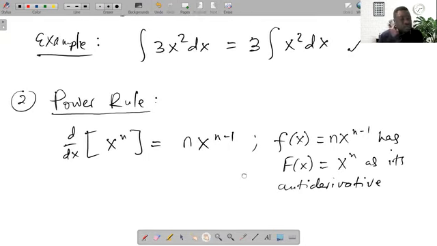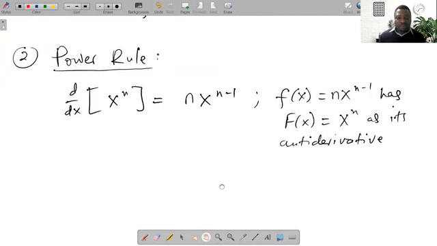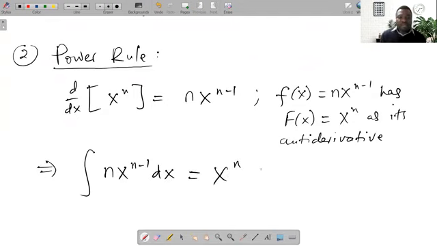And to avoid all these words, we can just put it in one integral and rewrite it as this. dx is equal to x to the n plus c. Does it make sense?